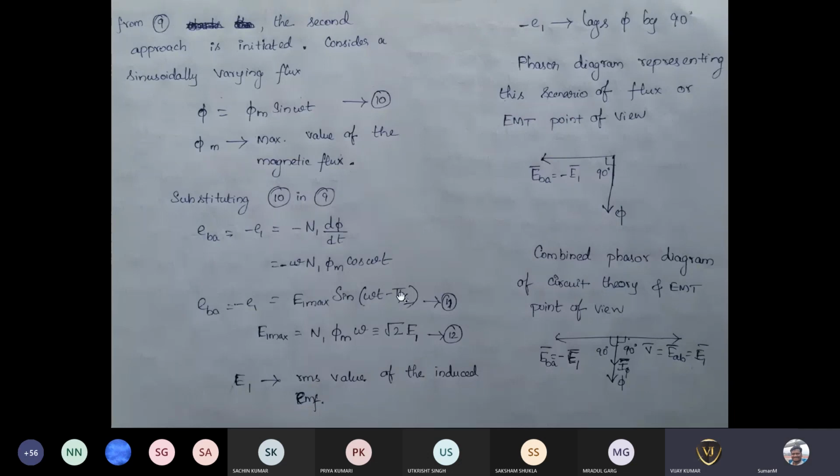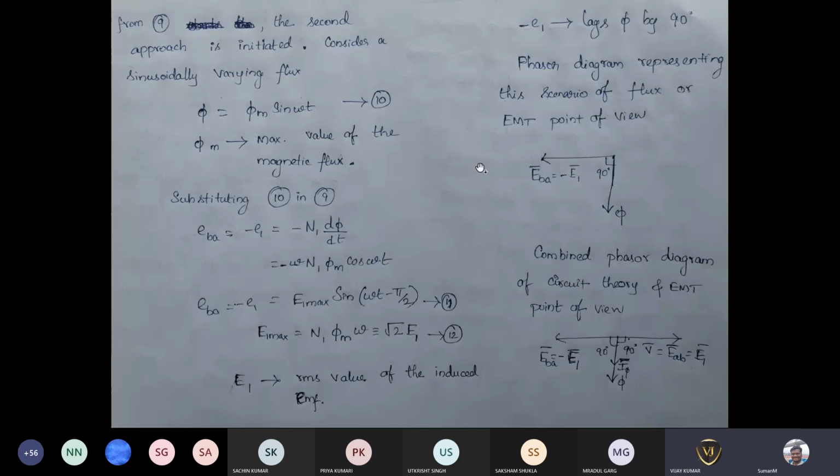This induced EMF is the voltage across the transformer primary winding that is induced because of this flux. So that is represented in the phasor. This flux is here, and this induced EMF is lagging the flux by 90 degrees, as shown here. Okay, now if you draw the phasor diagram, this is for the field point of view.